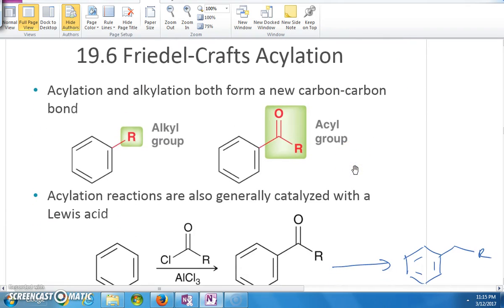Now, acylation and alkylation both form a new carbon-carbon bond, right? So if you did an acylation or alkylation, you are forming a new carbon-carbon bond. Now, acylations, just like alkylations, are also generally catalyzed by Lewis acids. See?